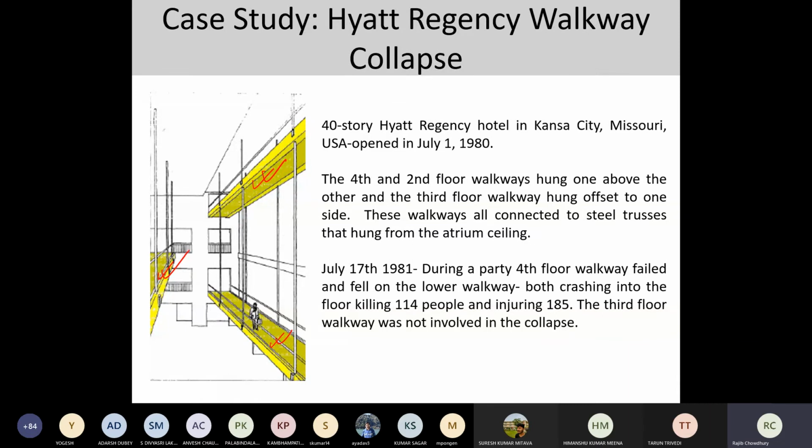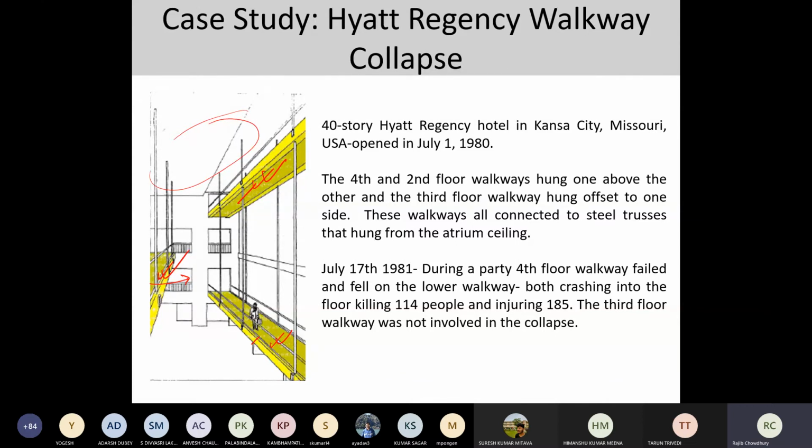The fourth and the second floor walkways hung one above the other, and the third floor walkway hung on the offset. This is the second, this is the fourth, and this is the third. It is an offset. So all these walkways are connected to the steel truss that hung from the ceiling. Okay. In 1981, during a party at the fourth floor lobby or fourth floor walkway, it fell down.